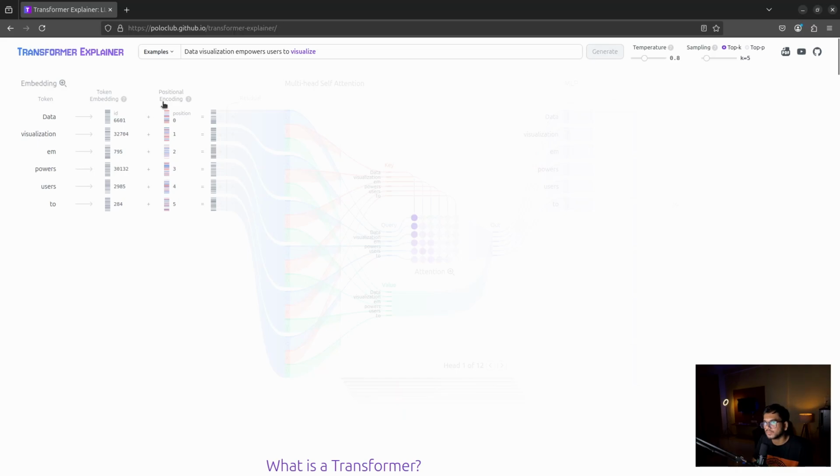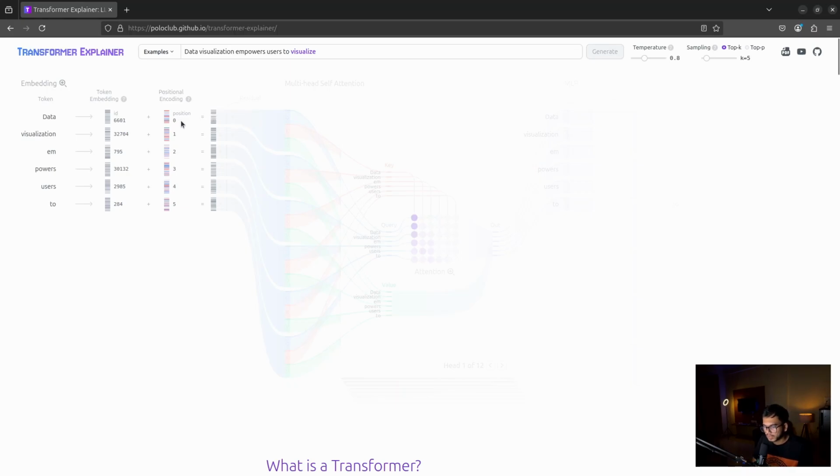Then it adds a positional encoding for each word. For data it is at index 0, and for visualization it is the first index, and so on. After that you get the embedding, which is a 1 by 768 vector.